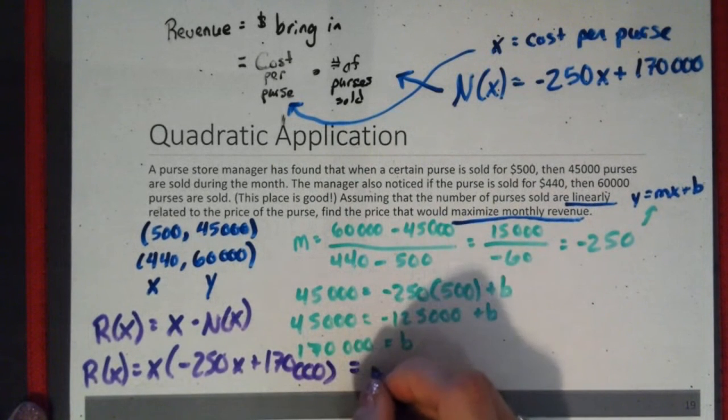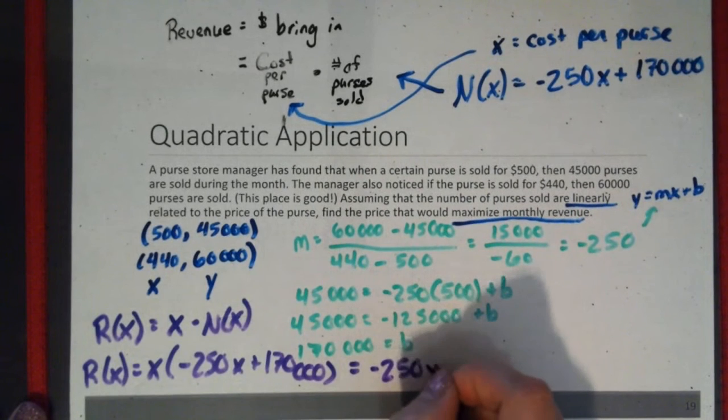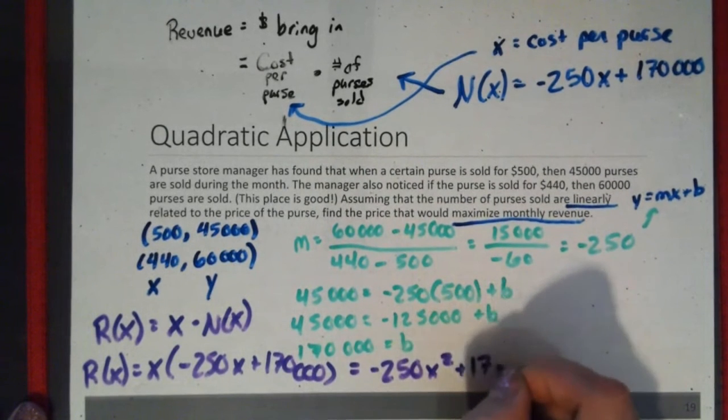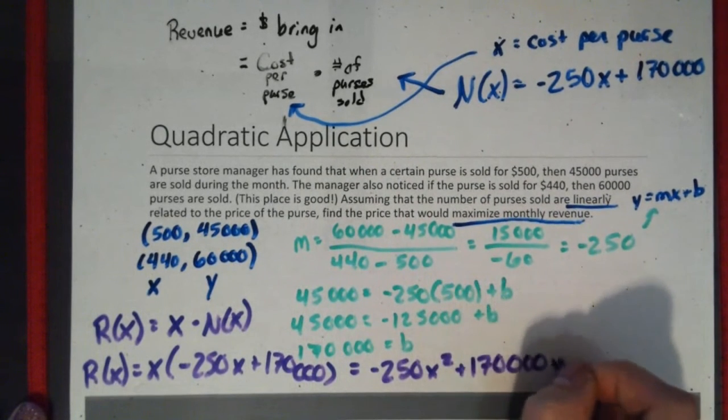And if I distribute my X through, I get negative 250X squared plus 170,000X.